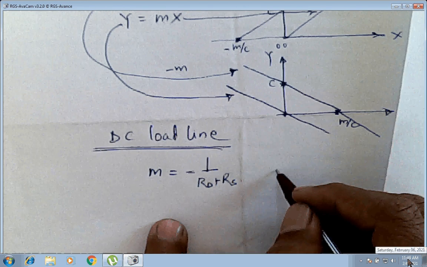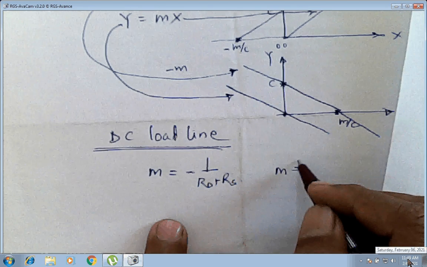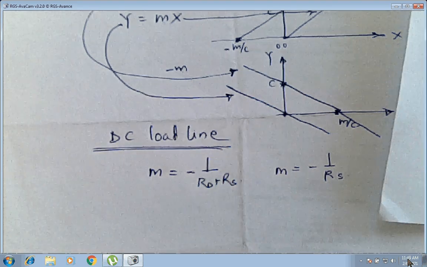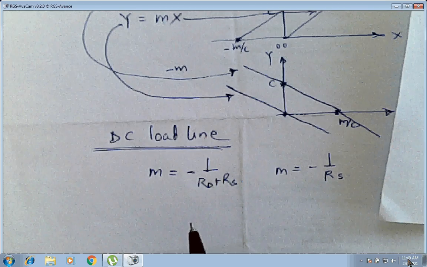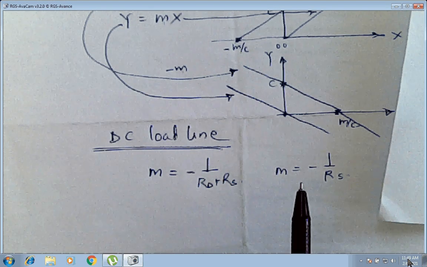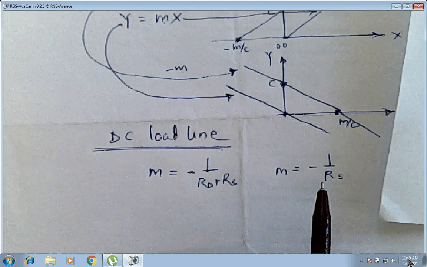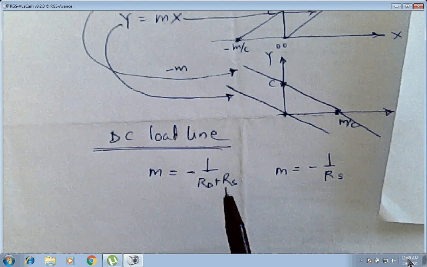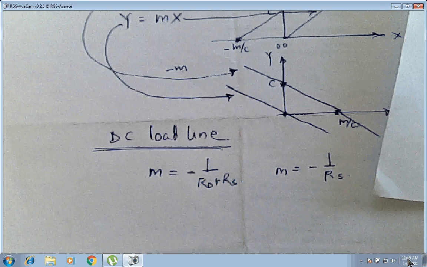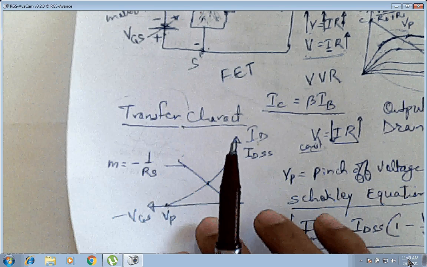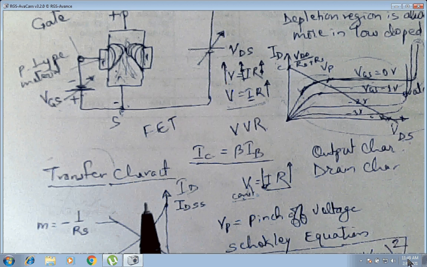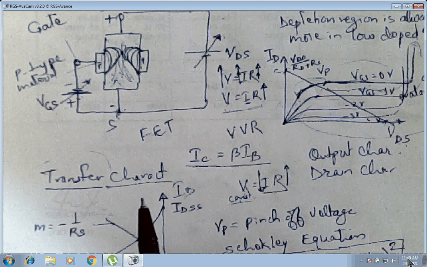So in the transfer characteristics m is equal to minus 1 upon RS, and m is equal to minus 1 upon RD plus RS in the output characteristics. These are the two DC load lines we have drawn, in the transfer characteristics and in the output characteristics.